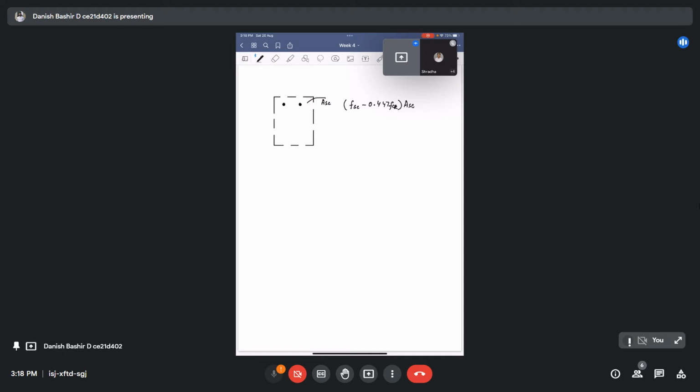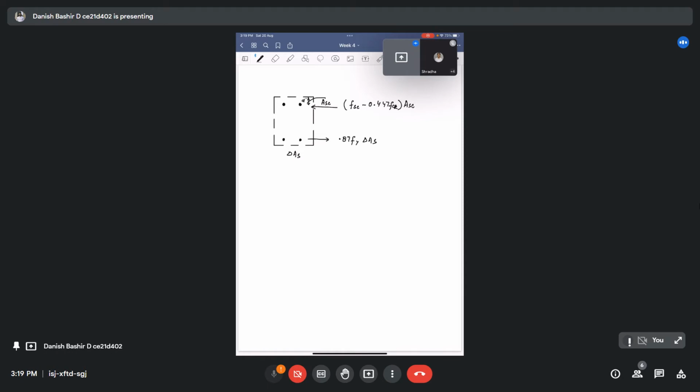And for the steel delta AST term, we already know it will be giving this compression force like this. This will be giving tension force like this. 0.87, it's already factored. 0.87 Fy delta AST. I already told you we won't put this compression steel at the top fiber. We will embed it at least some depth below the top fiber.